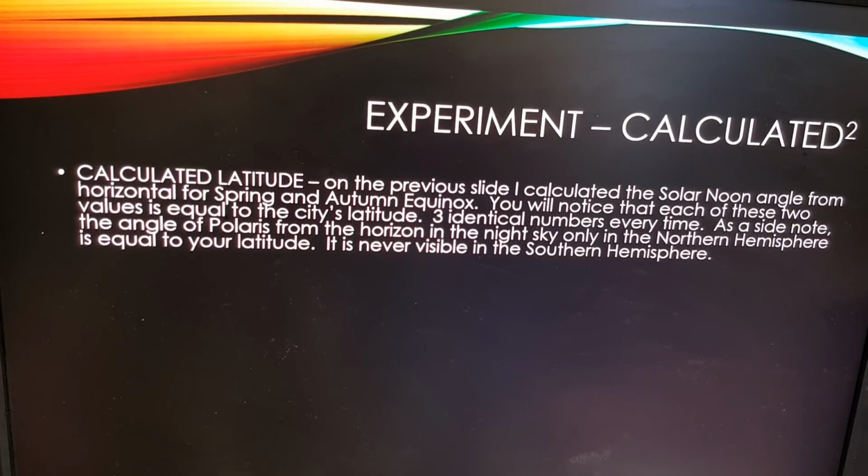Each of those two values are exactly equal to the city's latitude. So all I've done so far is taken the angle from the horizontal of high noon at the equinoxes, and both of those numbers are equal every time to the latitude.